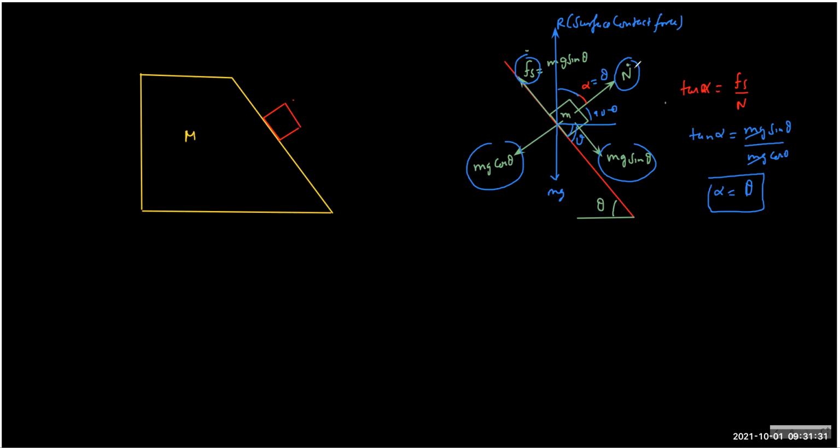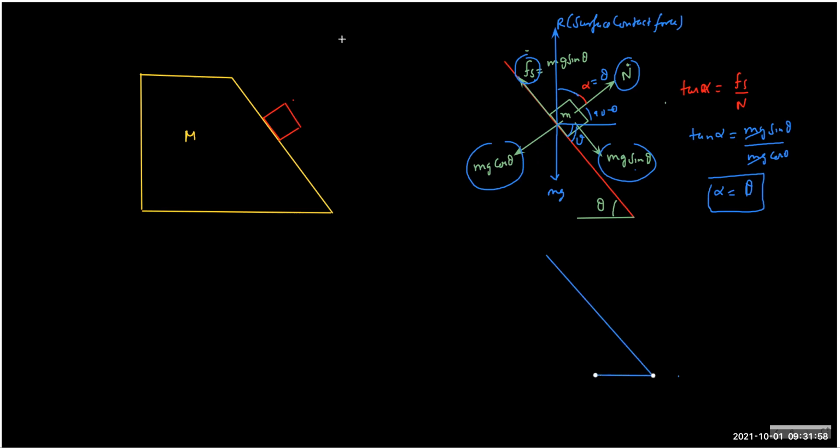Anyway, the R which I am drawing is something like this. Now try to imagine if friction is not sufficient. What does it mean? The mg sin theta is dominating compared to Fs limiting value. Then only it can move down, isn't it?